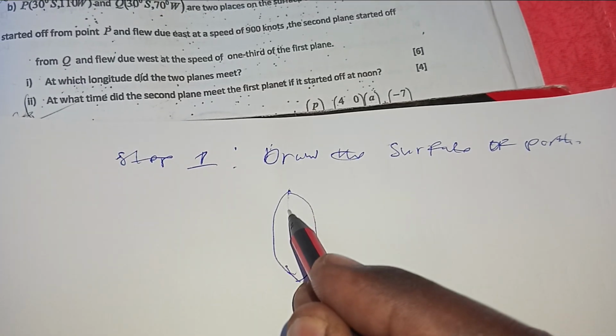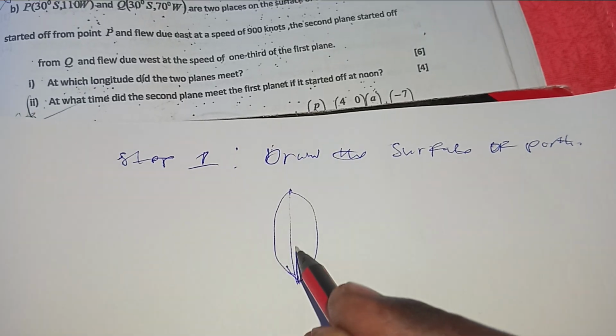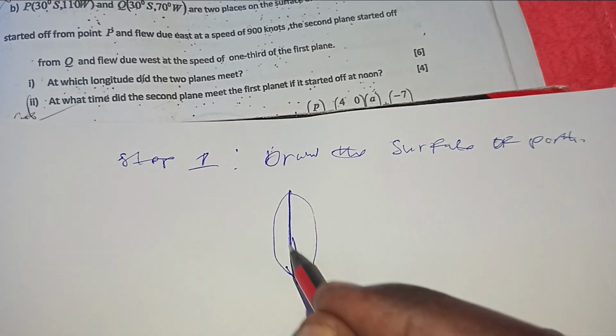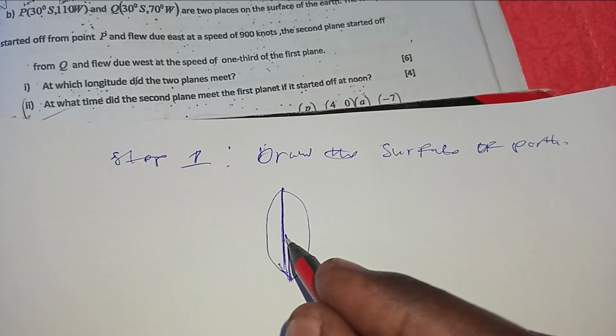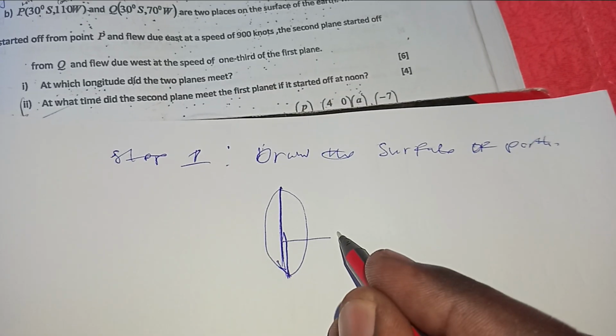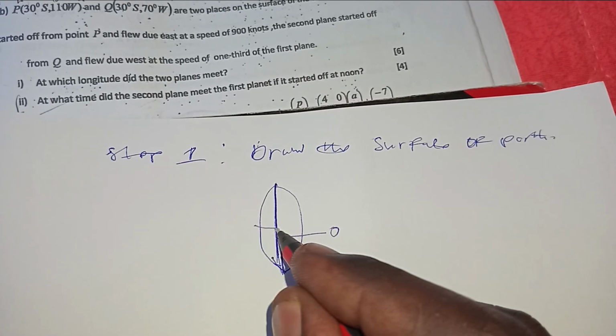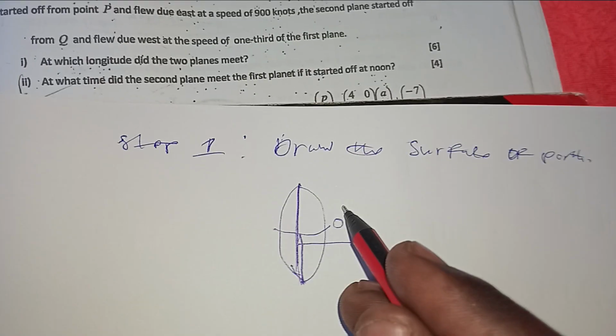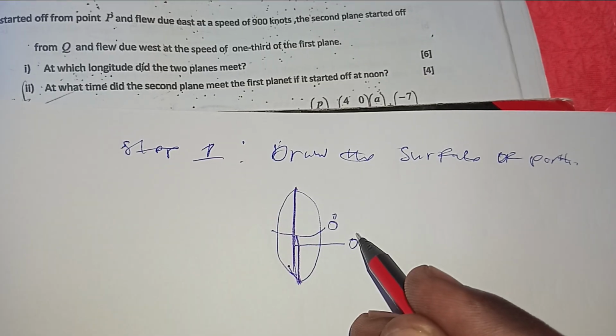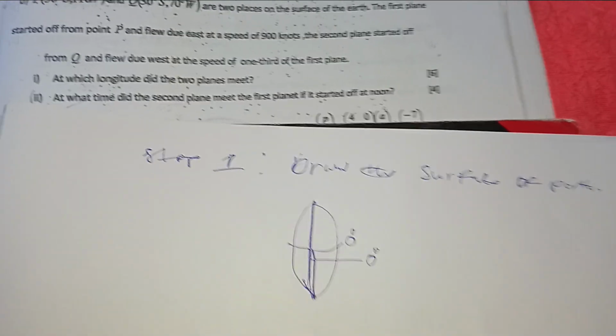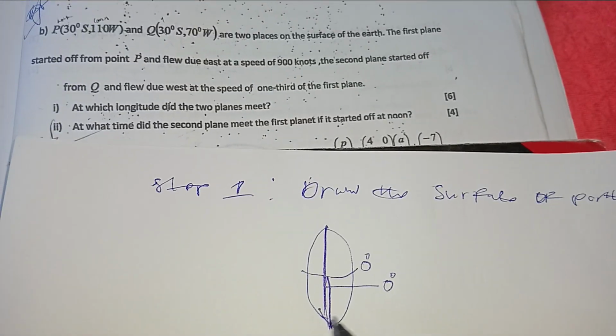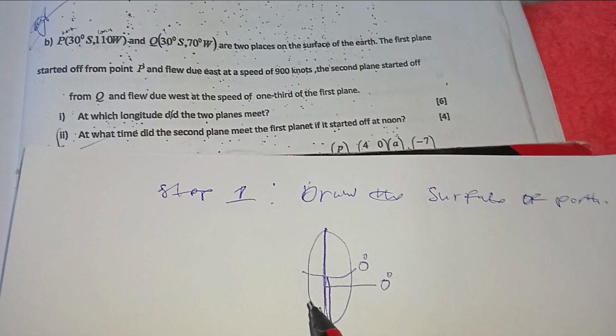This line, assume, is the Greenwich Meridian, which is longitude 0. And this line is the equator, again 0 degrees. We are told that point Q is below the equator, which is this one, 30 degrees south.